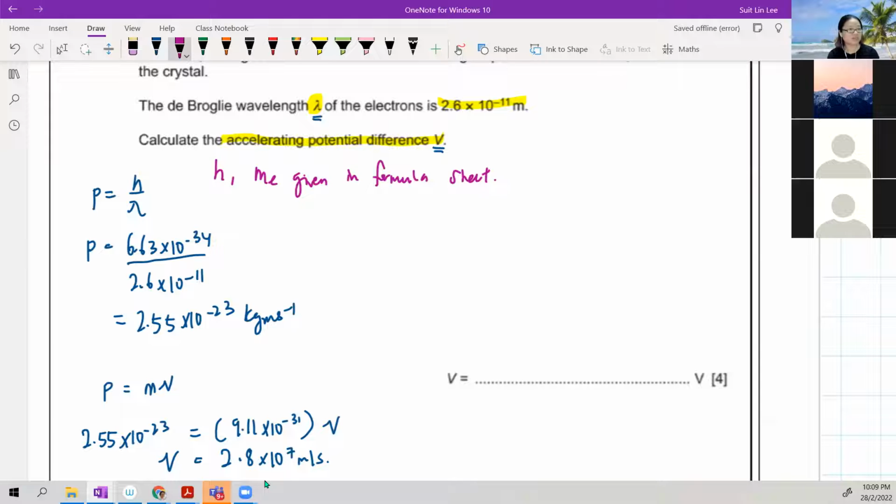So we have the velocity already, but they want the potential difference V. So I can say that the electrons are accelerated by the potential difference V. So change in KE is work done by electric field.